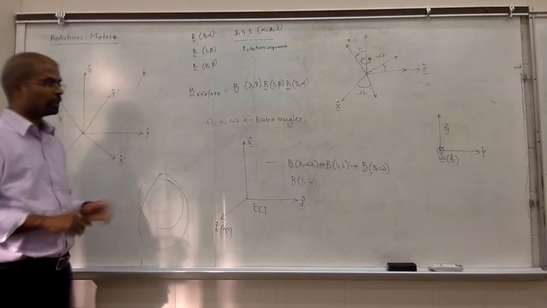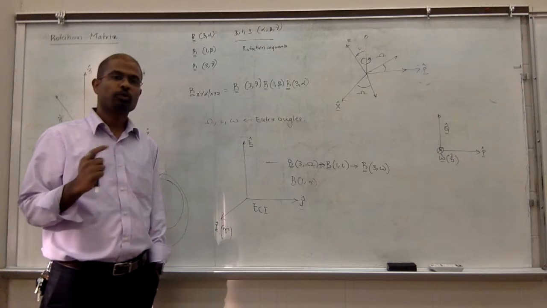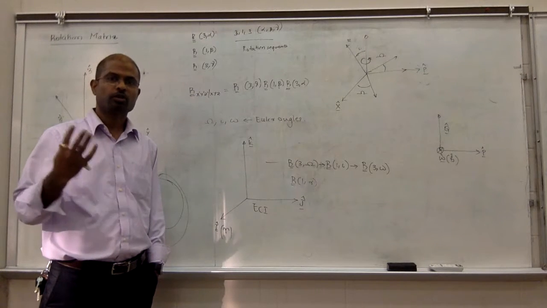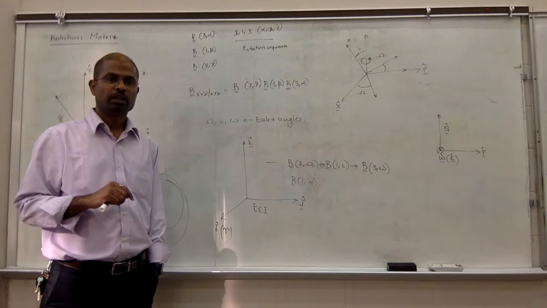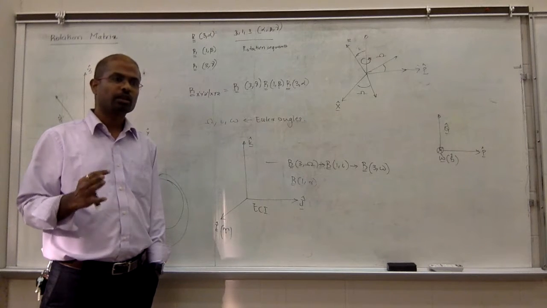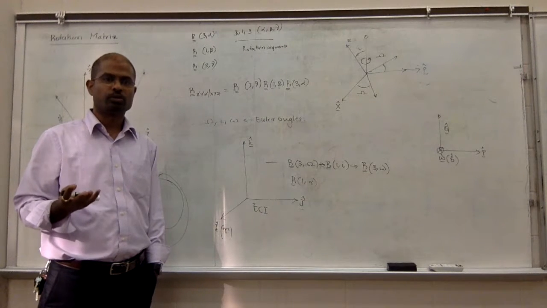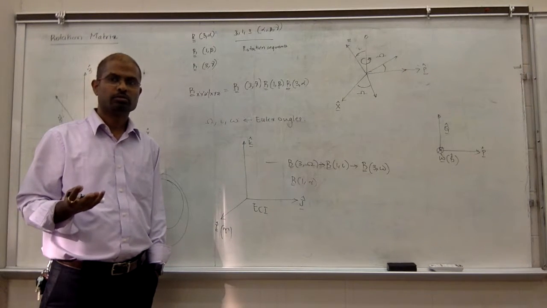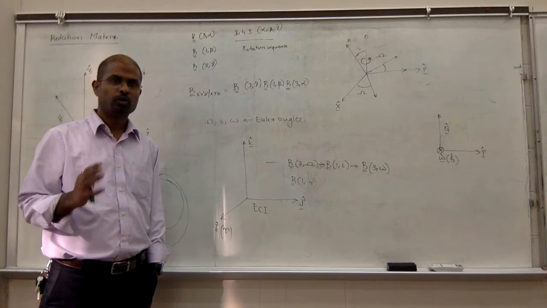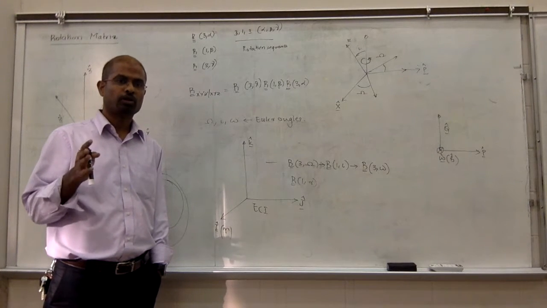An equatorial orbit is never going to go to the pole anytime. No other orbit other than the polar orbit is going to visit the poles. Make sense?